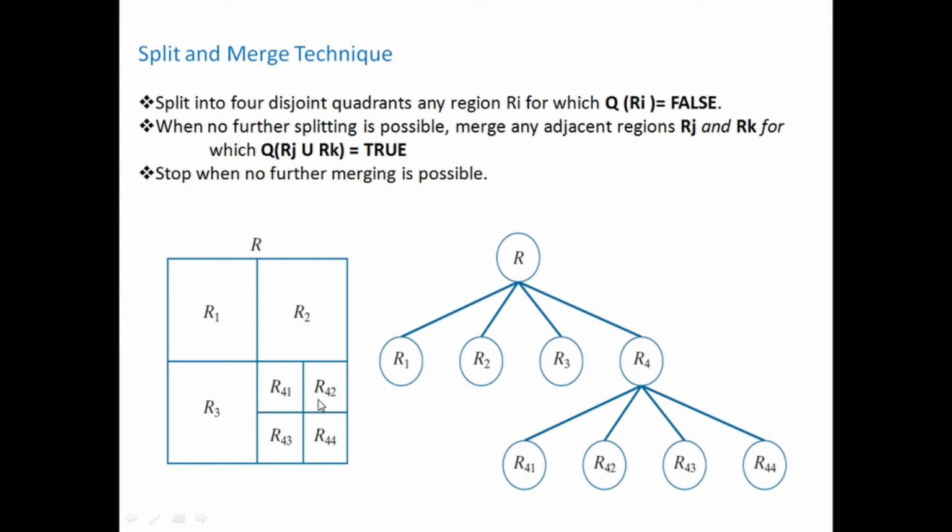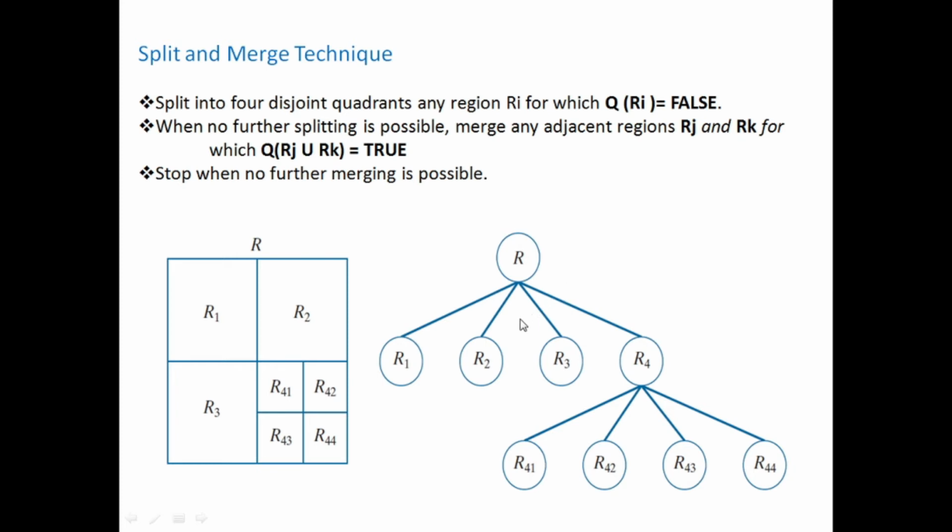So I need to split it again into 4 successive regions as R41, R42, R43 and R44. So when no further splitting is possible, the splitting technique is completed successfully.